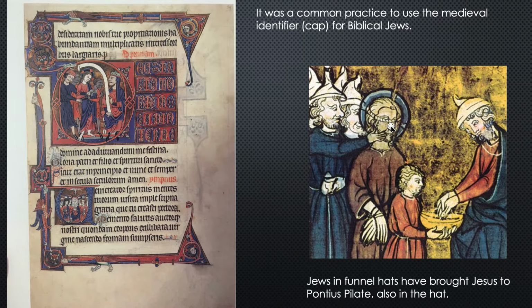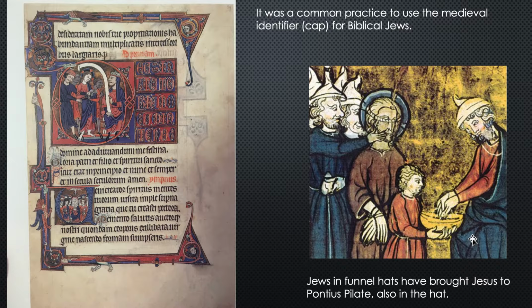And then over here, another manuscript illumination showing Jesus blindfolded, tied up, brought before Pontius Pilate by a group of Jews wearing the hats. And even Pontius Pilate has the hat on now. And Pontius Pilate is washing his hands as if to say, I don't want anything to do with this guy.